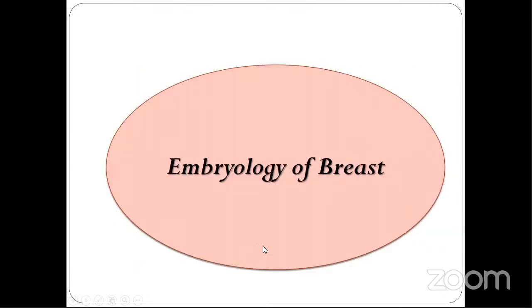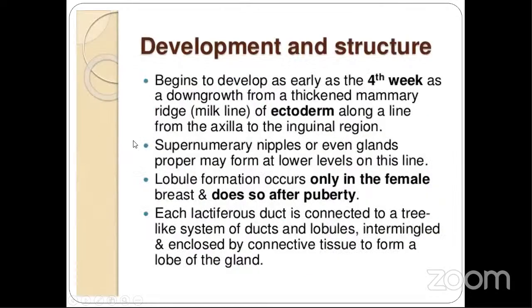Then we'll go briefly through the embryology of the breast. The breast develops in the fourth week as a down growth from the mammary ridge, or mammary line, of ectoderm. A supernumerary nipple or even a gland proper may form at a lower level of this line.